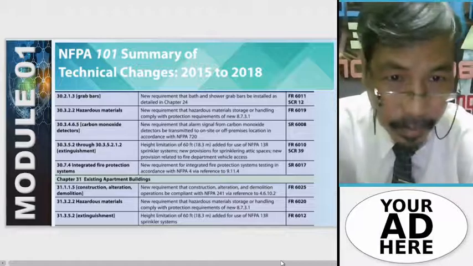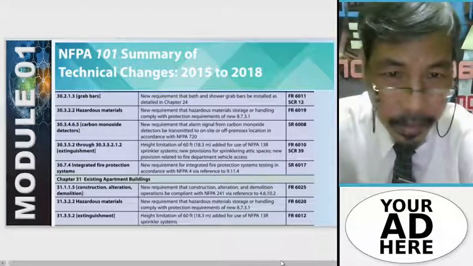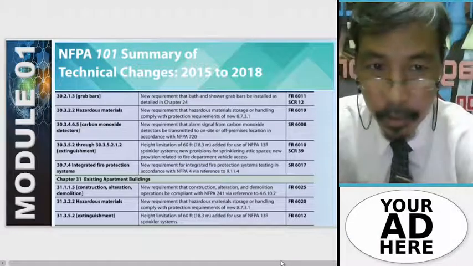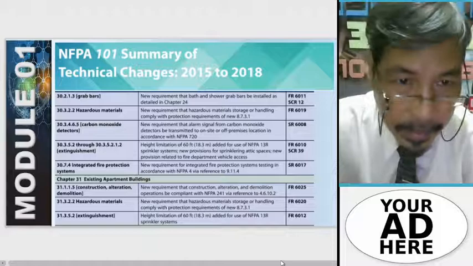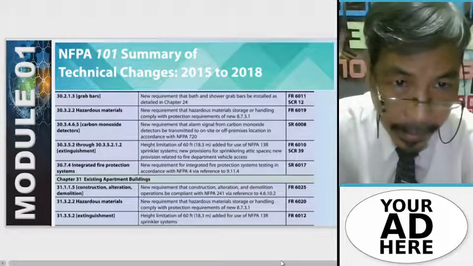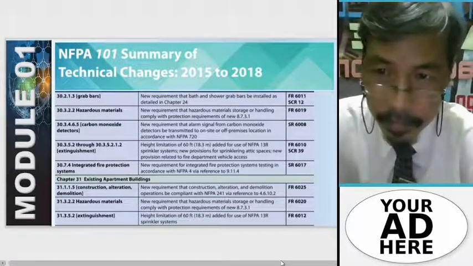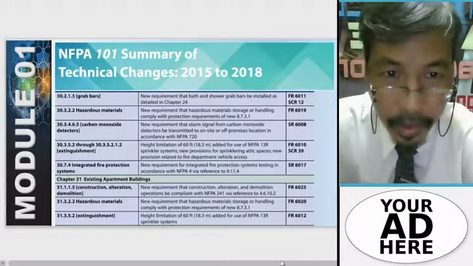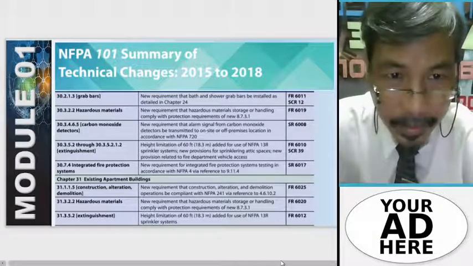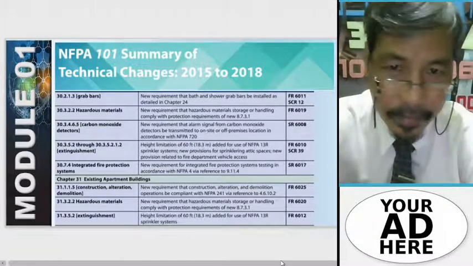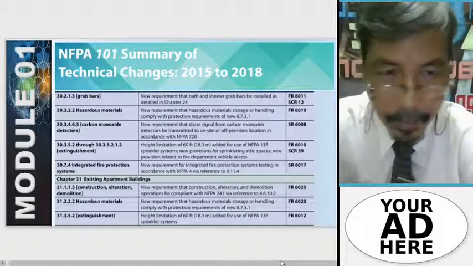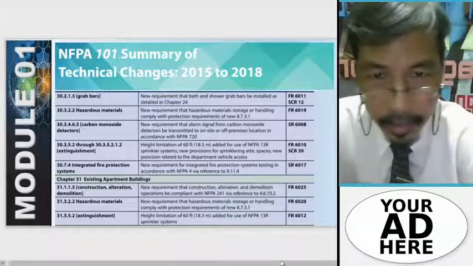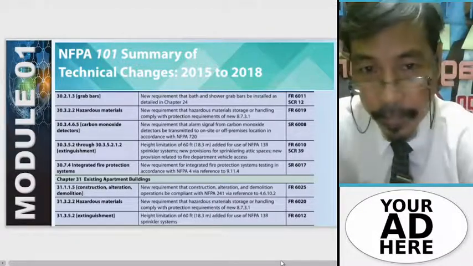Height limitation for use of NFPA 13 for extinguishment sprinkler systems, a new provision for sprinkling attic spaces, and a new provision related to fire department vehicle access. So there are many things going on in this topic of extinguishment.